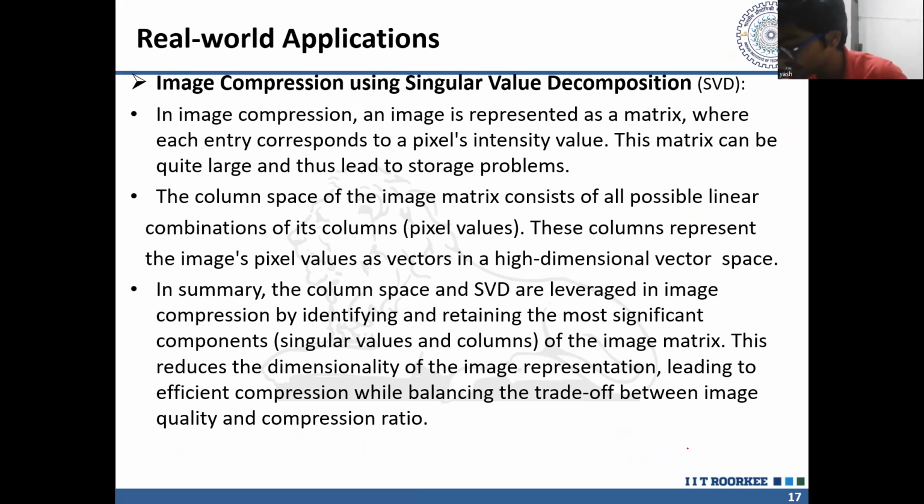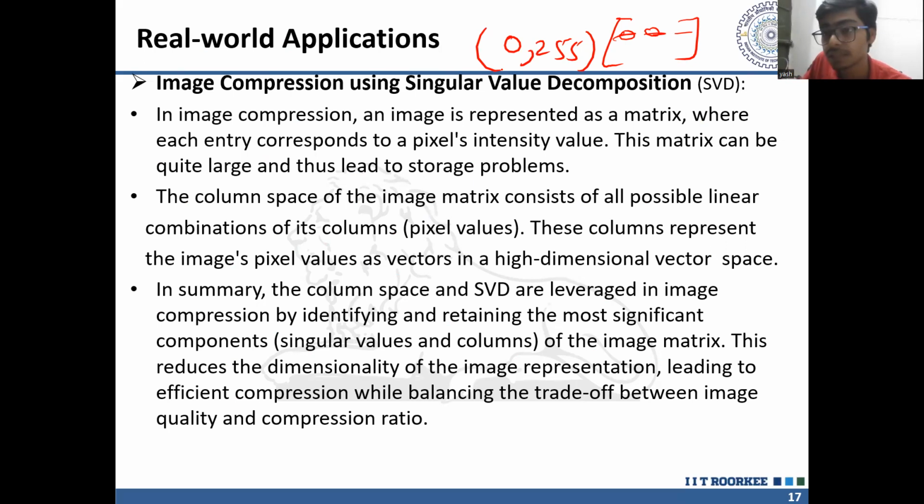In image compression, an image is represented as a matrix, where each element of this matrix tells about a pixel value. These are pixel values varying from 0 to 255. This matrix can be quite large, and thus it may lead to storage problems.